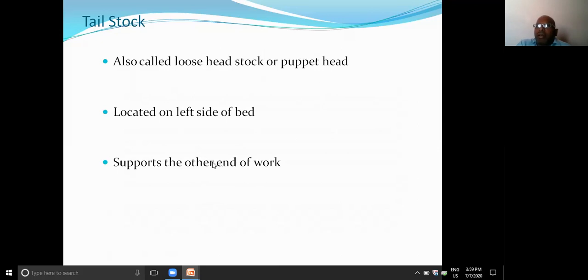That means the center of the object under rotation is balanced with the help of the center point of the dead center, so that it prevents the vibration or bending of that longer job.